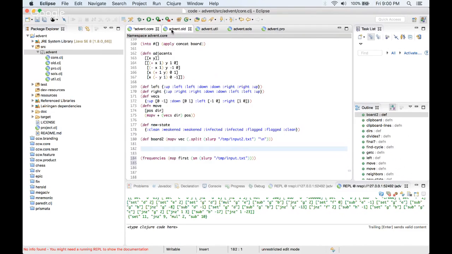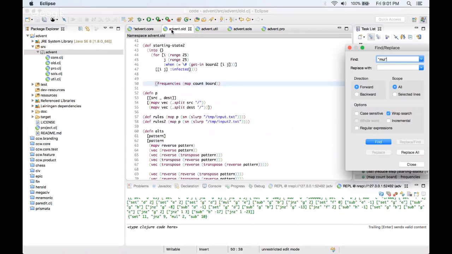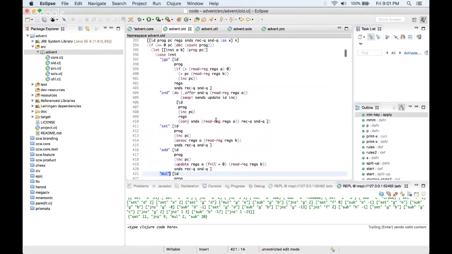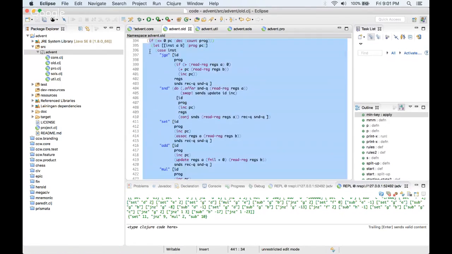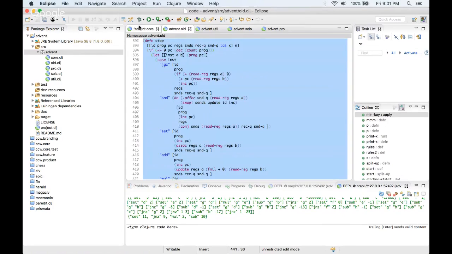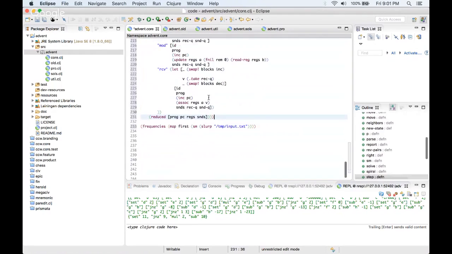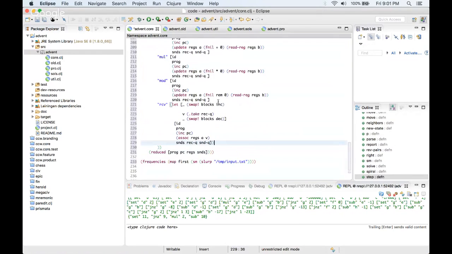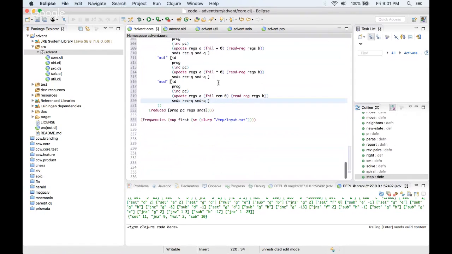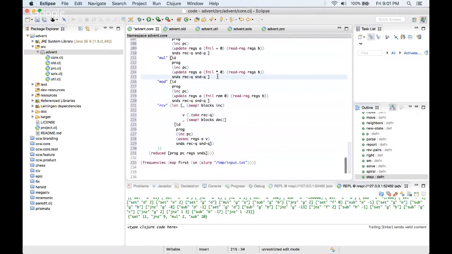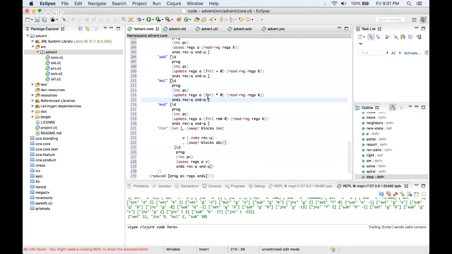So let me just see if quickly I can find, okay, we got a little something here. Let's just copy this in. So I think I can take out this receive, the mod. Actually, I especially don't have to take these out.